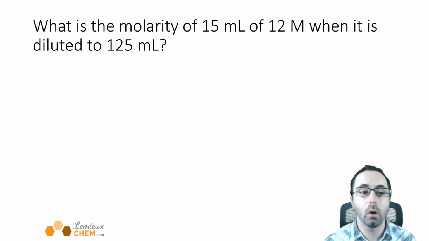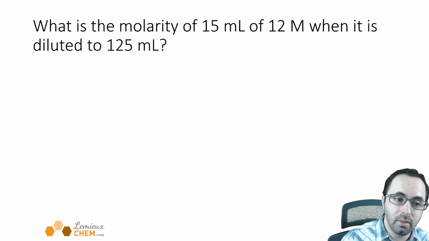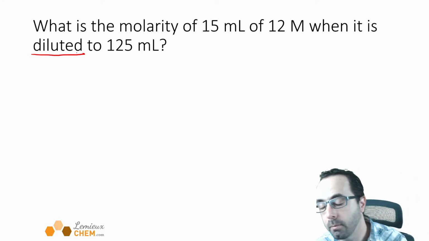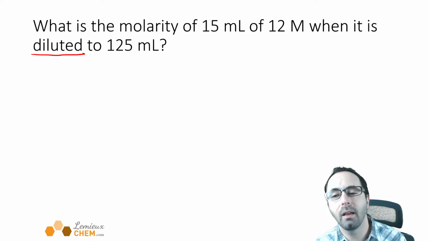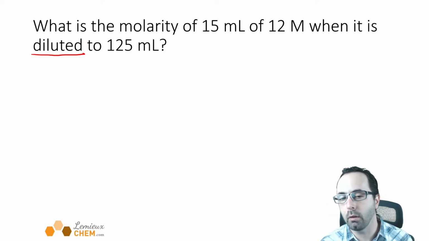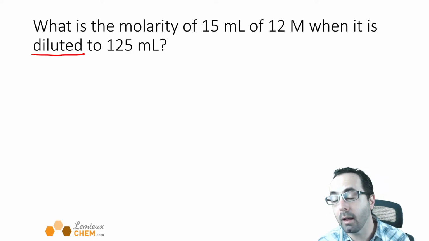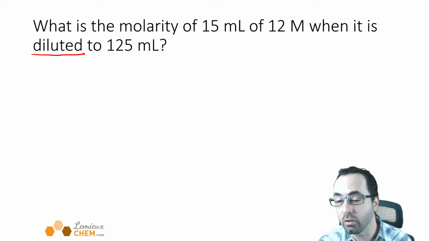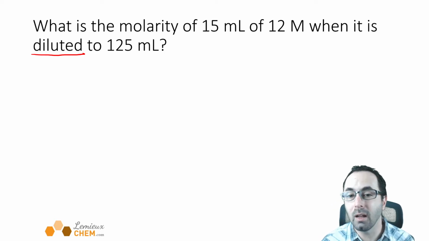Notice the word diluted. That tells you to use this equation. Another thing it might say is adding water, adding solvent. That's what diluting is. This is the only time this equation works, okay? It has to be when the moles of your solute did not change.